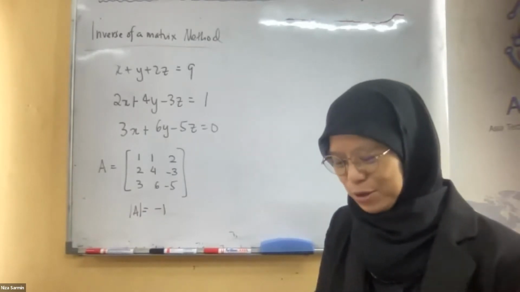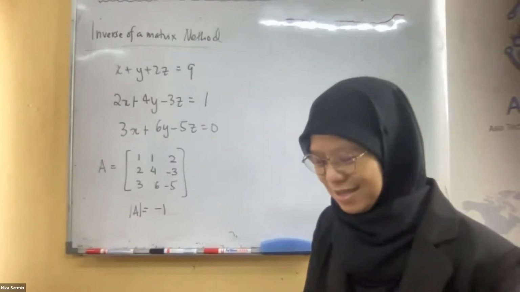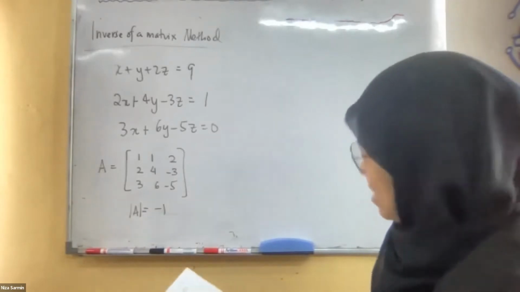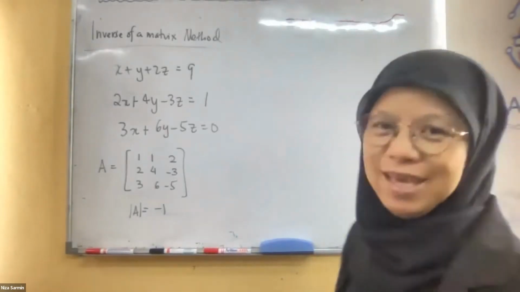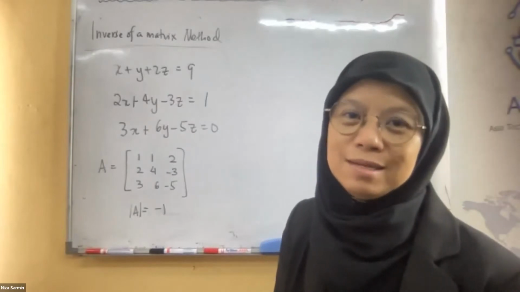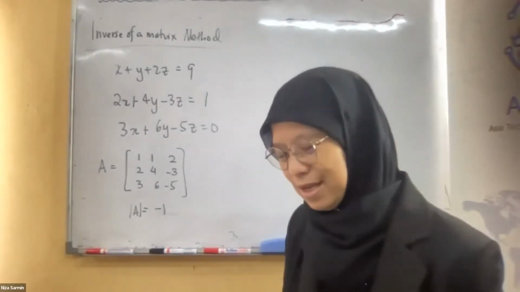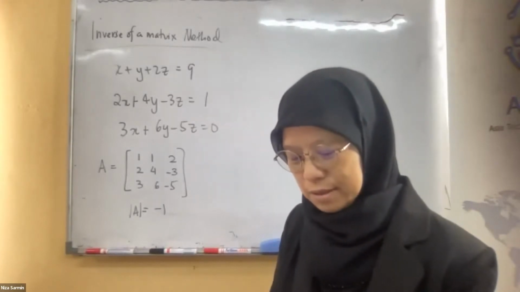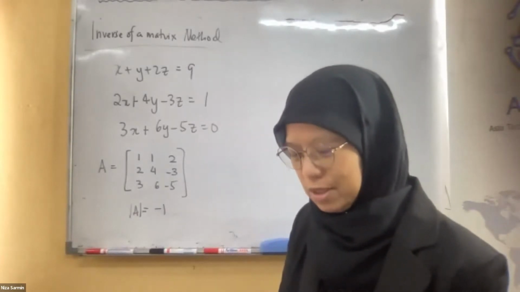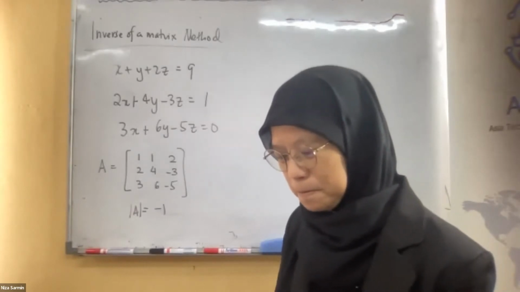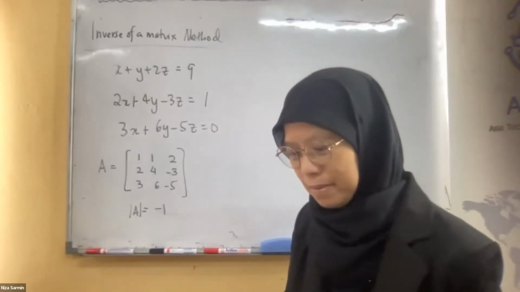Oh, in my notes, I just show the inverse differently. Just to show you that this can be done using the row operation method. So what I did is I row reduce, but I have to use the inverse.